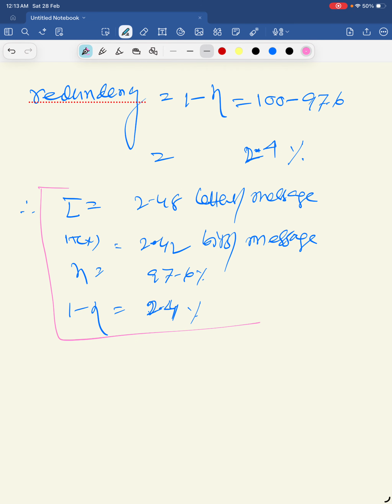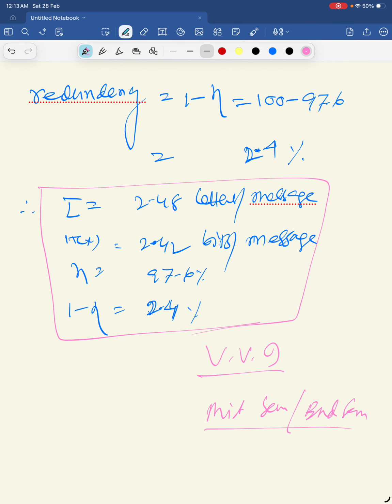These numericals are very, very important for mid sem or end sem. So I hope you people understood the Shannon Fano coding.